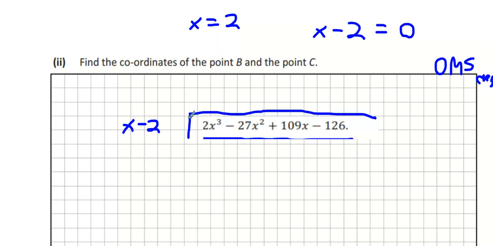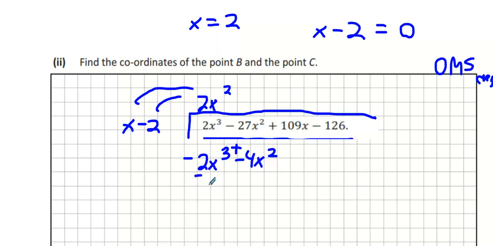So divide means 2x cubed divided by x is 2x squared. Multiply, and we get 2x cubed minus 4x squared. Subtract, change any pluses into minuses and minuses into pluses. The 2x cubed cancel, and we end up getting minus 23x squared. Drop the 109x, like so, and go again.